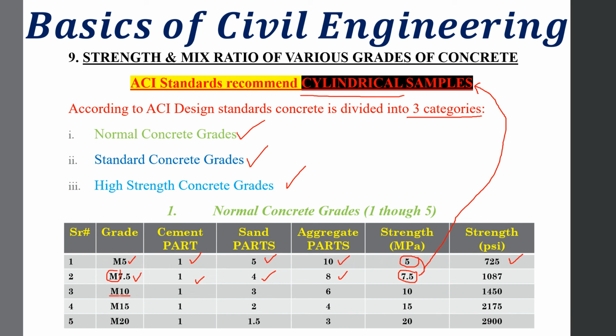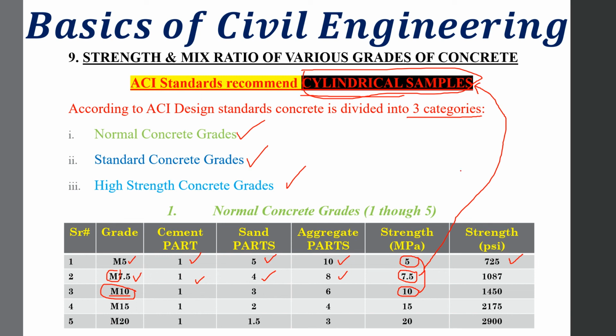But that is not the idea. The idea is that here M10 means it will have a strength of 10 megapascals after 28 days of curing for cylindrical samples. This is f'c of every mix of concrete after 28 days for cylinders of 6-inch diameter and 12 inches height.